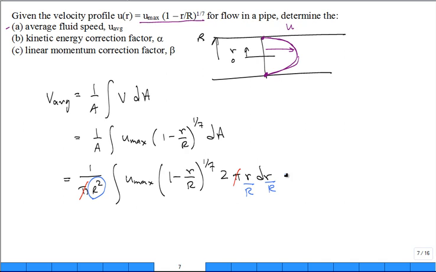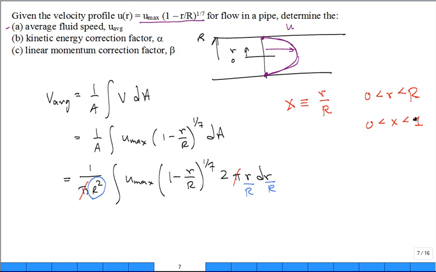It's lowercase r over cap R. So a new variable of integration, I'll call it x, is defined as lowercase r over cap R. And lowercase r used to run from 0 to cap R. And our new variable of integration runs from 0 to 1.